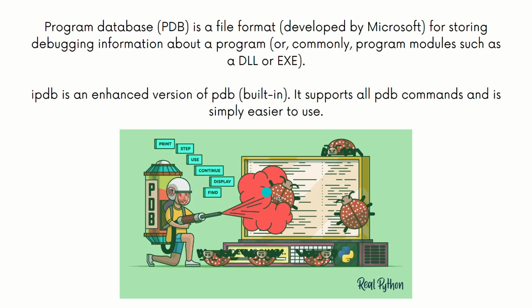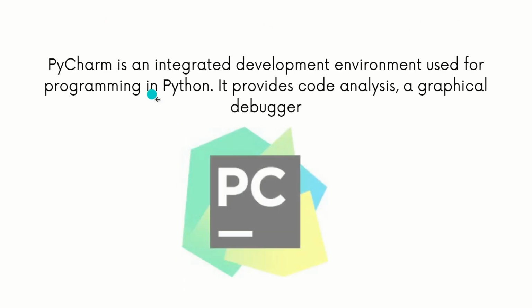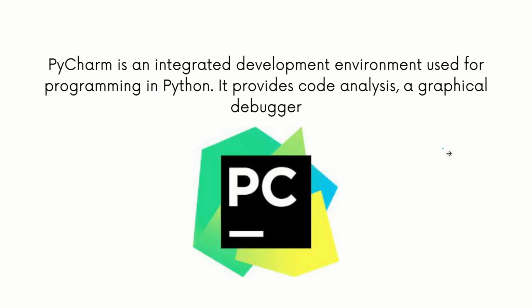So yes, there was actually this illustration. You can see what PDB is. It's finding the bugs and then helping you debug it. So PyCharm is an integrated development environment.